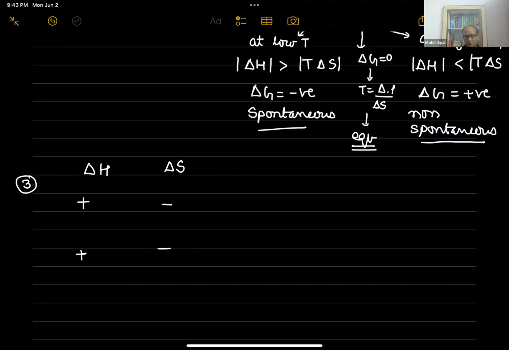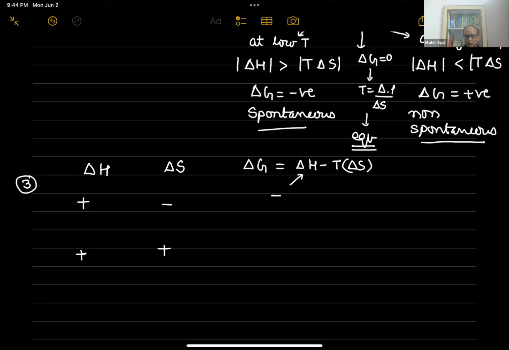What is the sign of delta G? The first one will be positive. Will it depend upon the temperature, at lower temperature or at higher temperature? You need to figure this out.